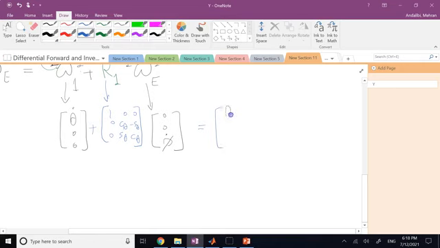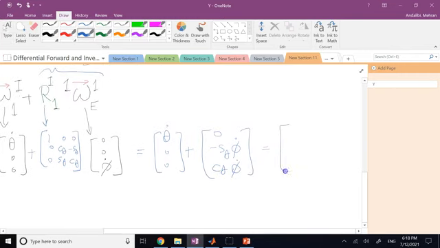So it's going to be theta dot, 0 and 0, plus. Multiply this by that, what would you get? The first one is 0. The next one, if you see, is negative sine theta phi dot. The next one is cosine theta phi dot. Add them together, what's the result? Theta dot, negative sine theta phi dot, cosine theta phi dot.